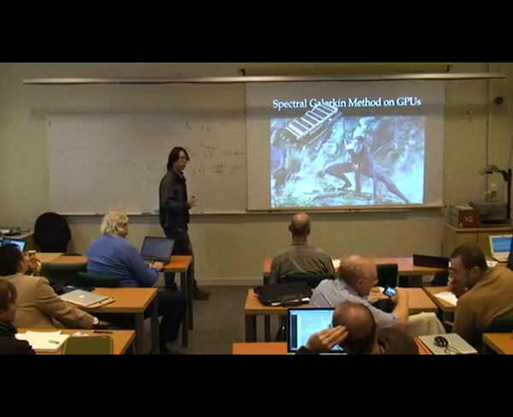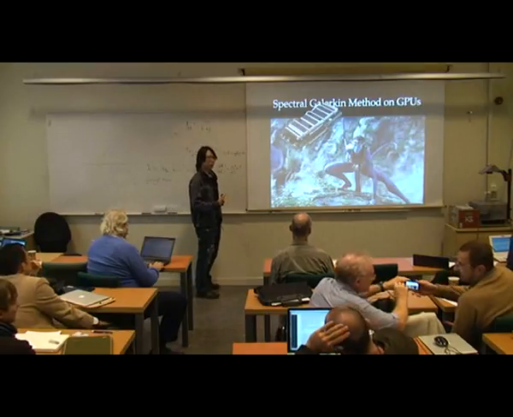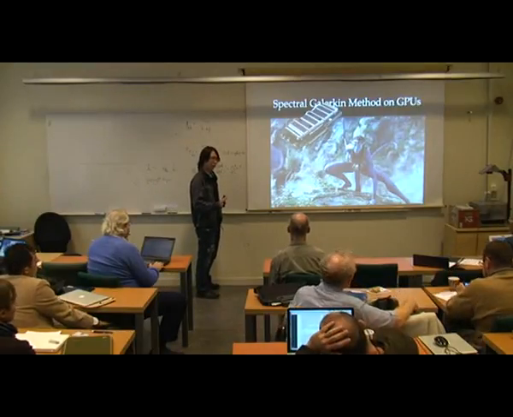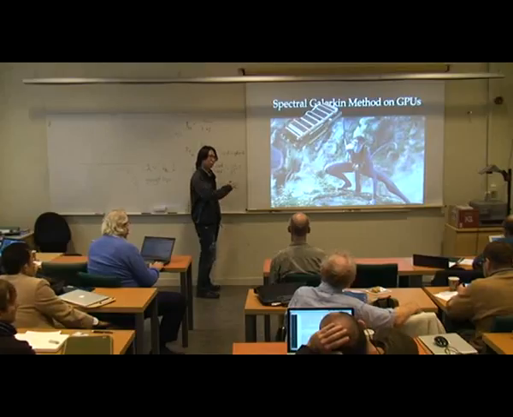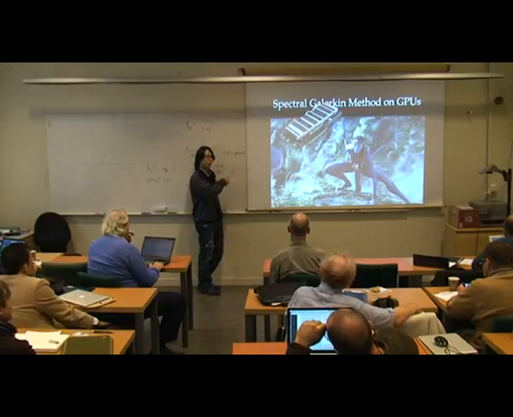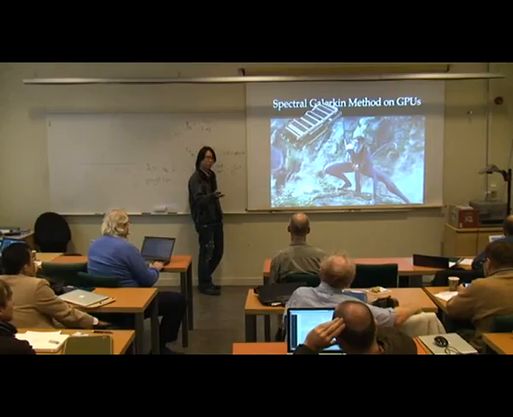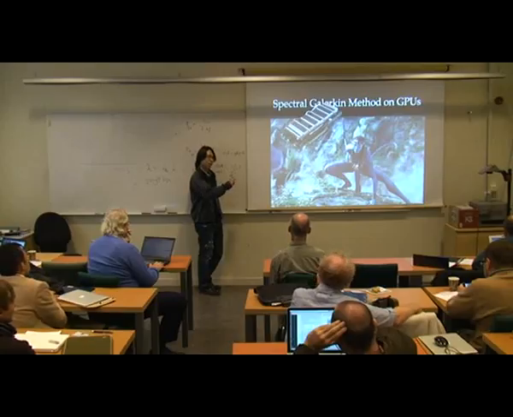For the spectral code, I would say it's more than an order of magnitude, but it really depends on what you compare with. For a single GPU, we can do up to 6,000 squared. If you want to do 6,000 squared on a CPU, you would probably need a cluster, but then the communication overhead will kill you.